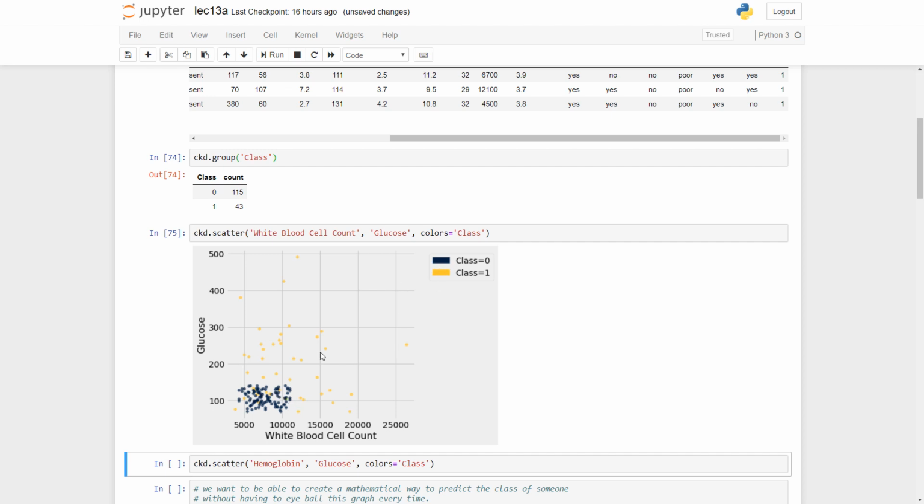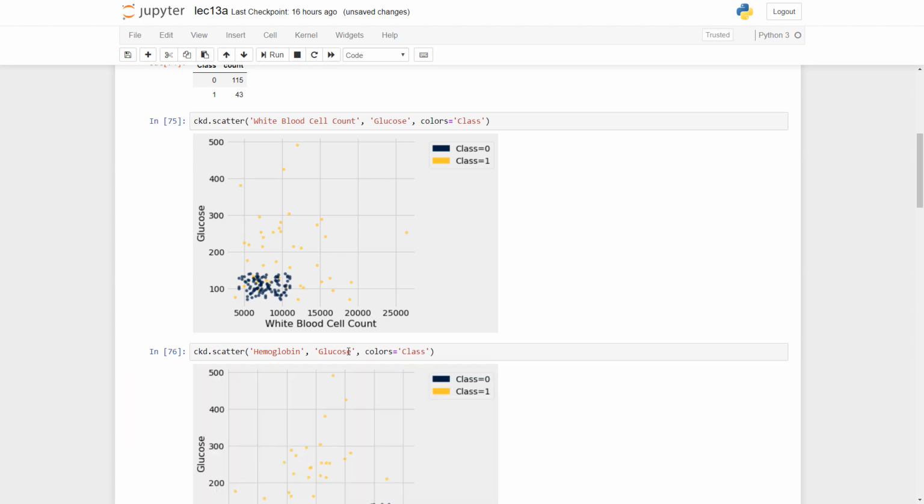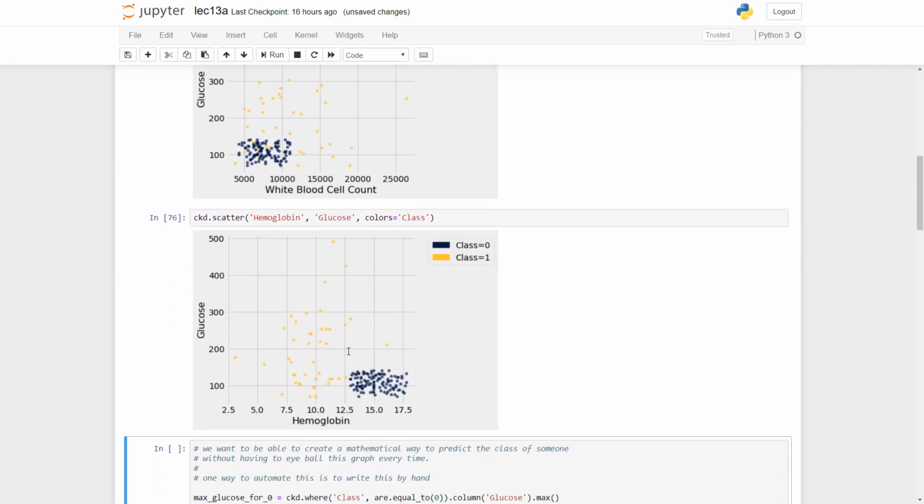Here, the dark blue ones are the ones who were not diagnosed with the disease, and the gold ones are the ones that were diagnosed with the disease. So let's try two other attributes, the hemoglobin and glucose again, and see if that will be helpful.